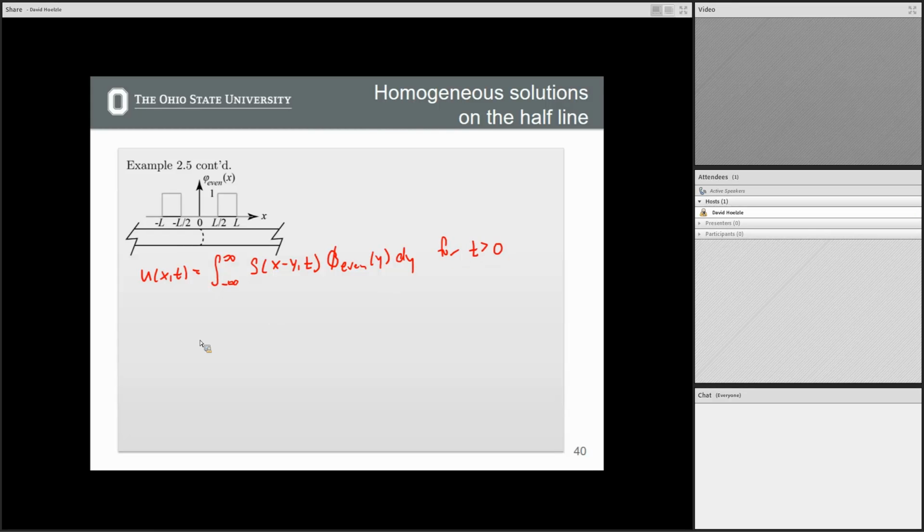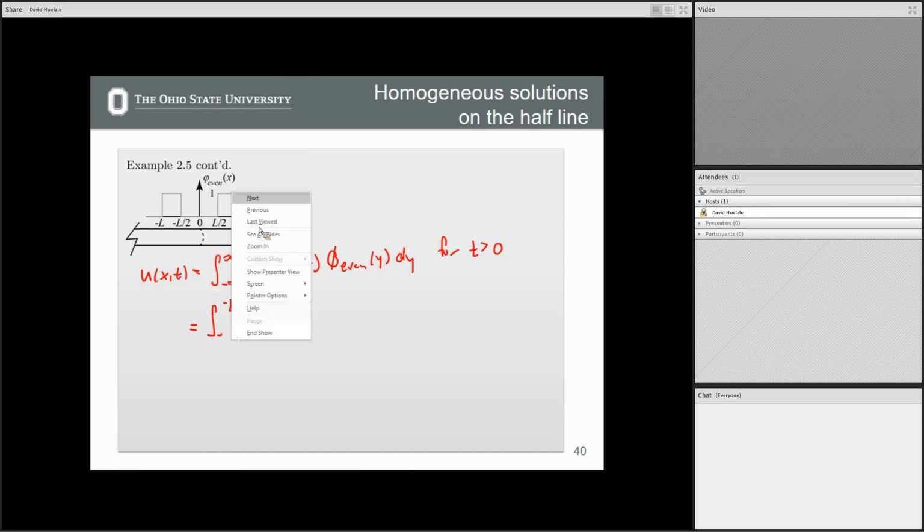Okay, so since the entire domain is now from negative infinity to infinity, I can write this, and then I just know that phi even of y is equal to 0 for some portions of this domain. So I can get rid of this infinite integral and make it a definite integral, or set integral. So this is going from now negative L over 2 to negative, sorry, I screwed up my limits of integration just a little bit.